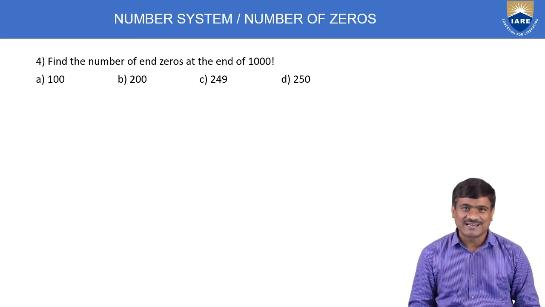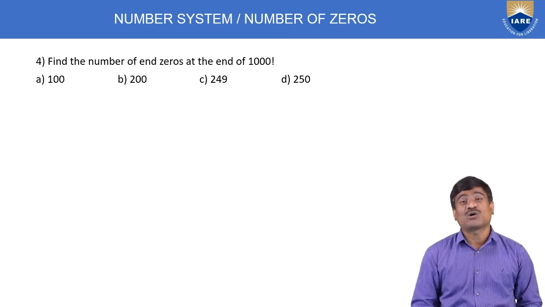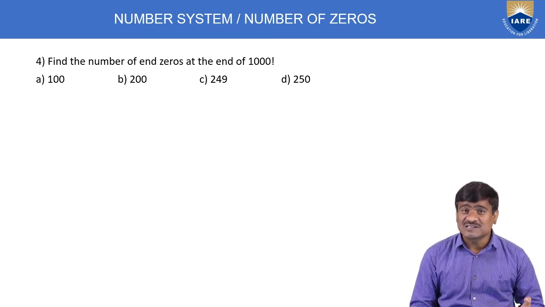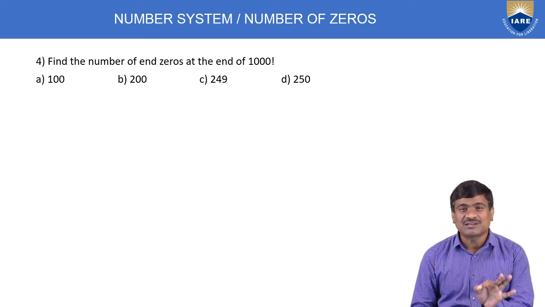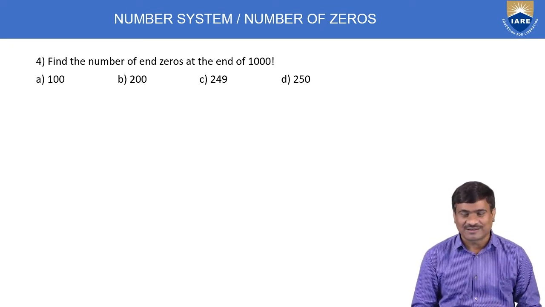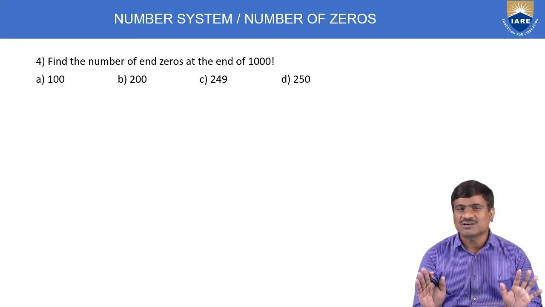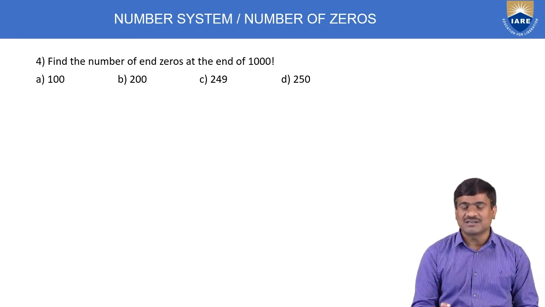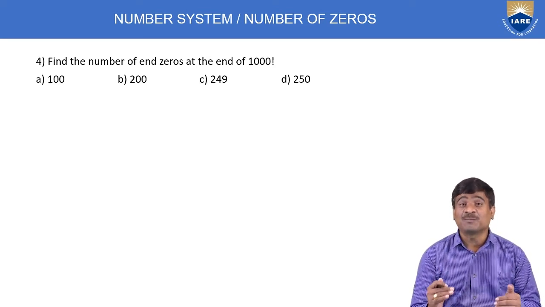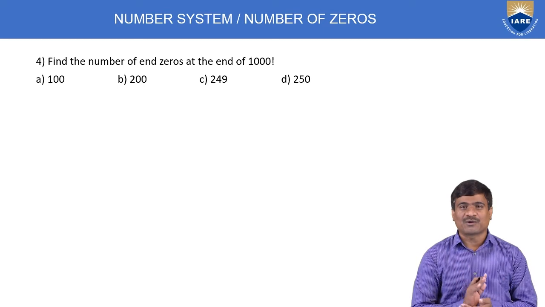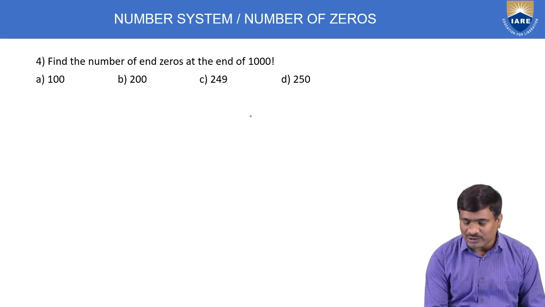The factorial is also called a series. For series problems, calculate only number of 5s. That is your answer. You don't need to calculate number of 2s because factorial is also called the series concept. For the series concept, the lowest power exists only for 5. Therefore, number of zeros is equal to number of 5s.